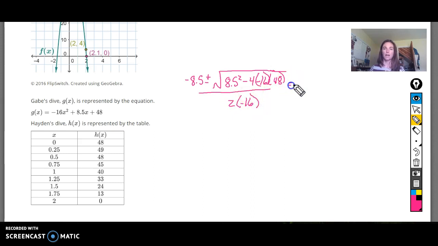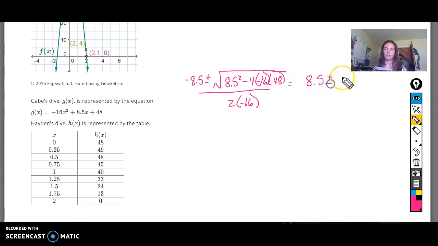Okay, so 8.5 squared is 72.25, and then I've got 64 times 48. And I'm going to add that to 72.25 because the two negatives cancel out here. So I have the square root of 3,144.25, which comes out to about 56. So I'll say 56.07.